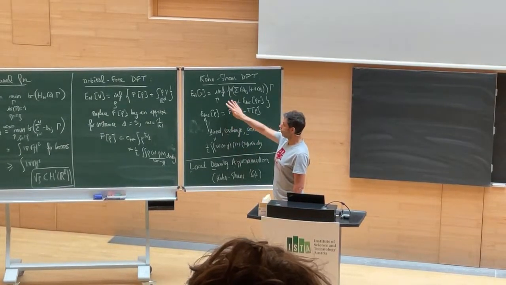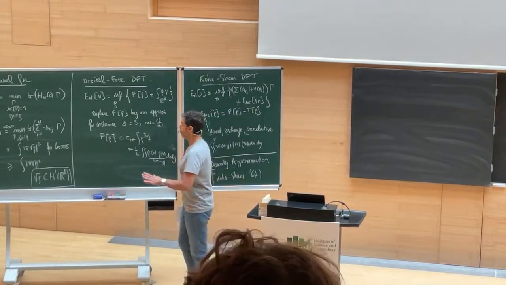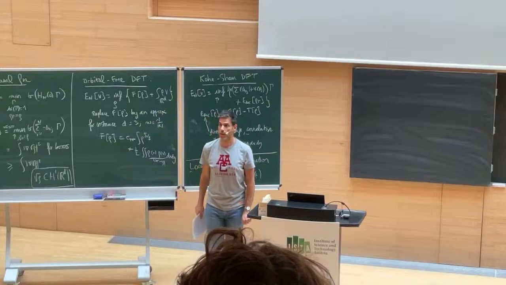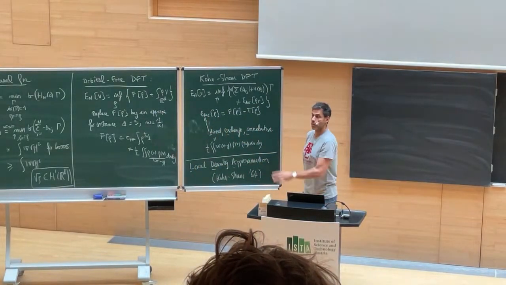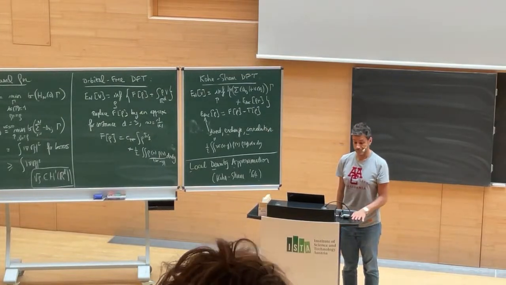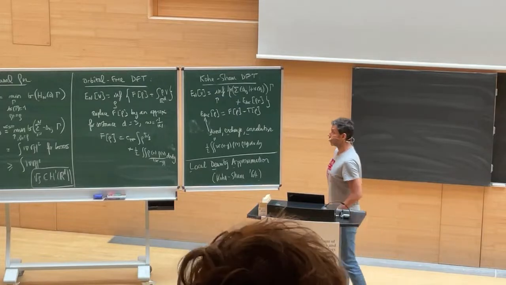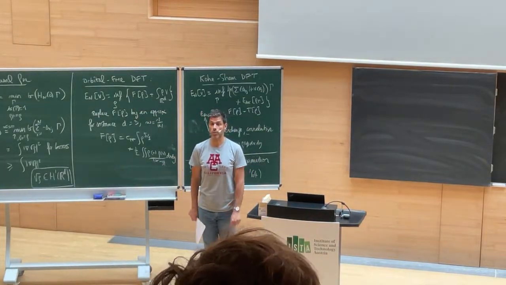So orbital-free DFT is not very popular because people have not found very good F's so far. But they have found quite good E's, and so people use Kohn-Sham. But it's a very, very important open problem to find good F's, because then one could treat much, much larger molecules.